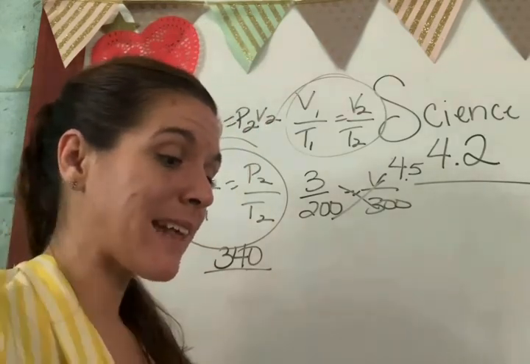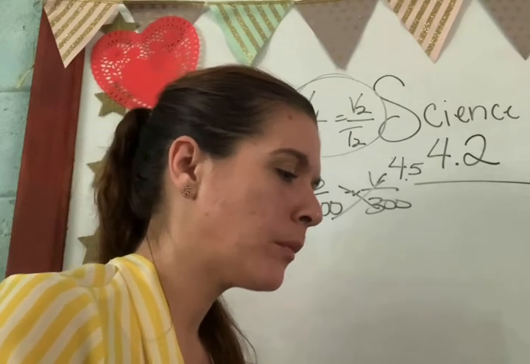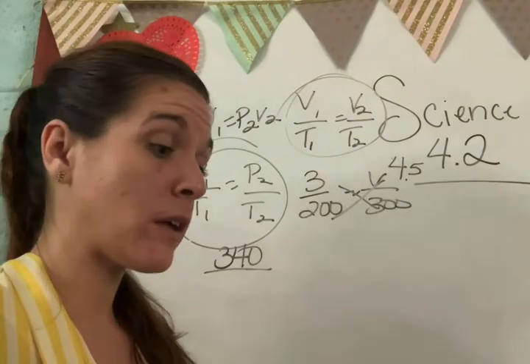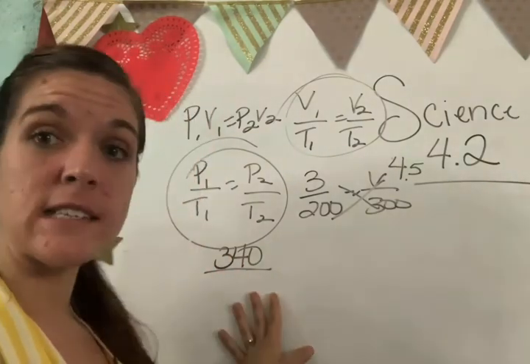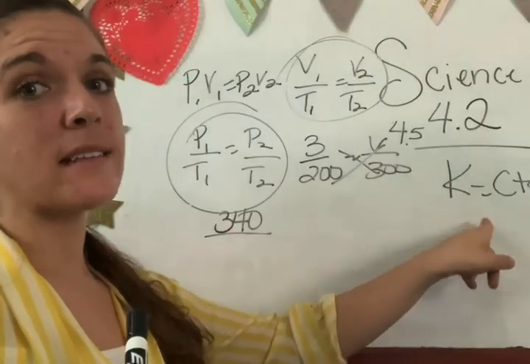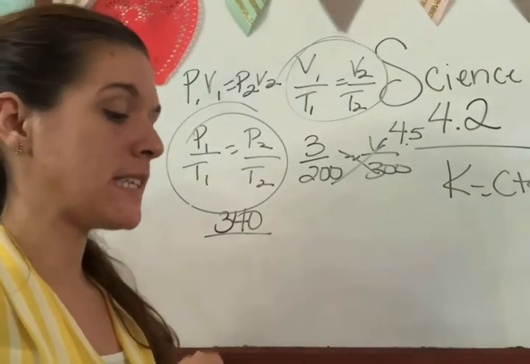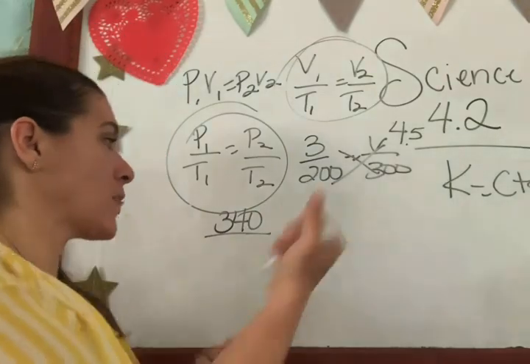We're going to have to convert Celsius into Kelvin, so let me get that formula up here for you. You're going to have to, first of all, convert the 17 Celsius into Kelvin in order to do this problem. The formula is Kelvin equals Celsius plus 273. So if the Celsius here is 17, then we have to do 273 plus 17, which is going to give us 290.